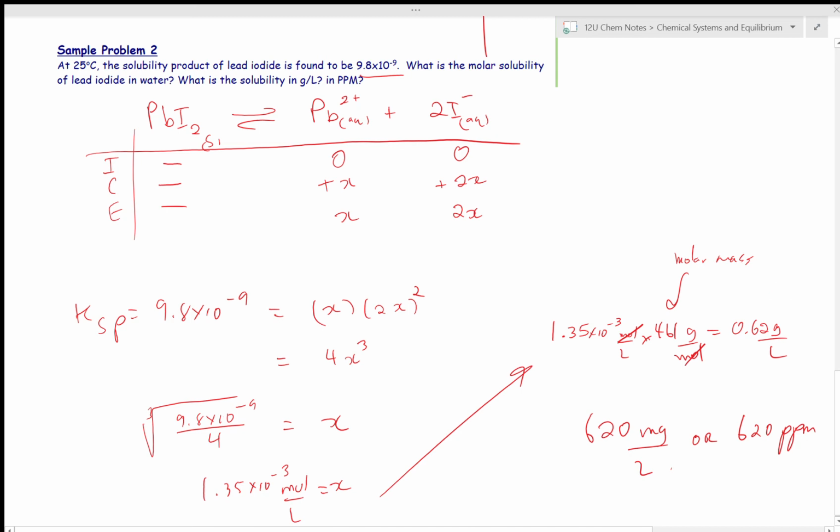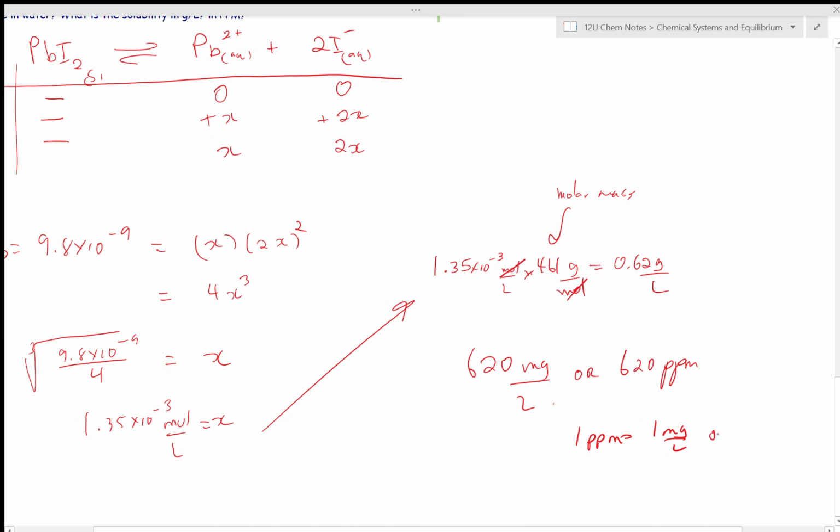Now, you'll recall earlier I showed you guys how to convert between grams per liter and parts per million. And so we know that the equivalent value of 1 part per million is equal to 1 milligram per liter, or 1 milligram per kilogram. Now we are measuring everything in liters here, so 1 milligram per liter.